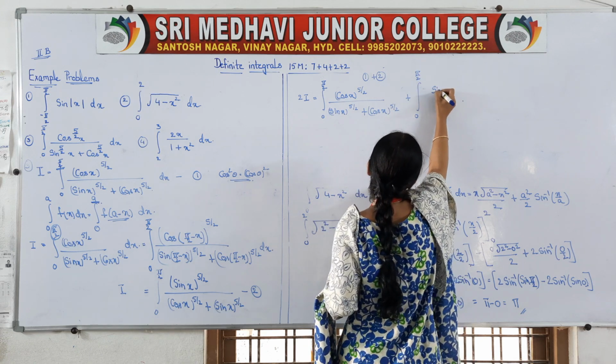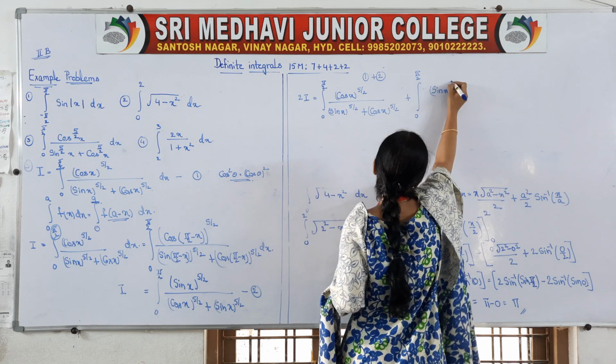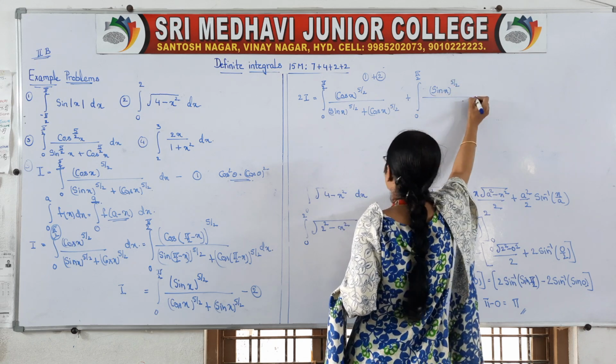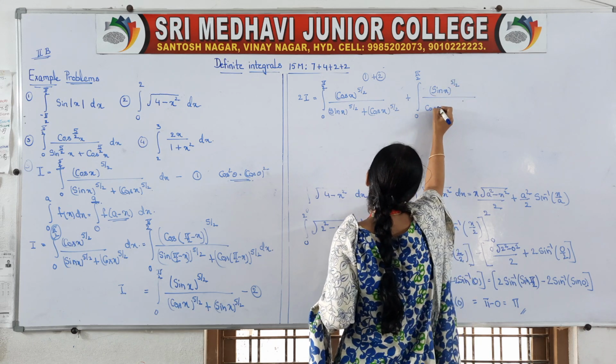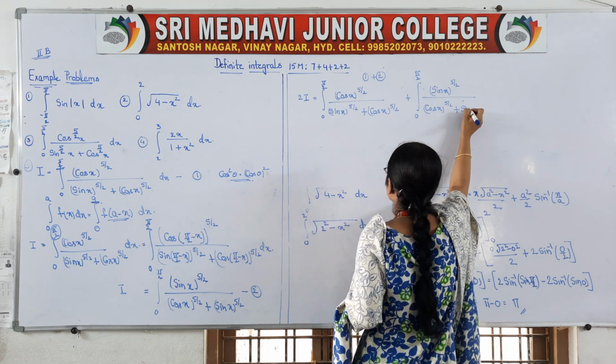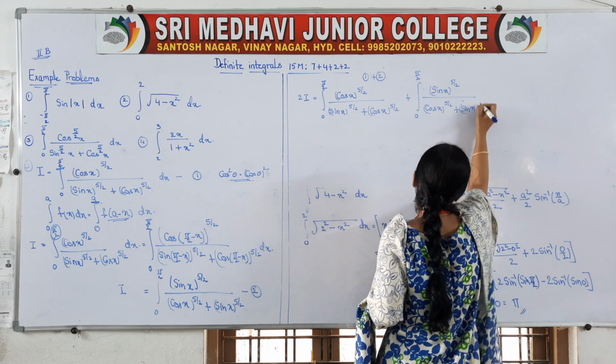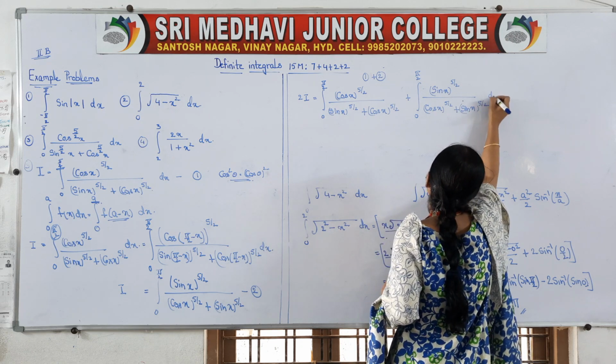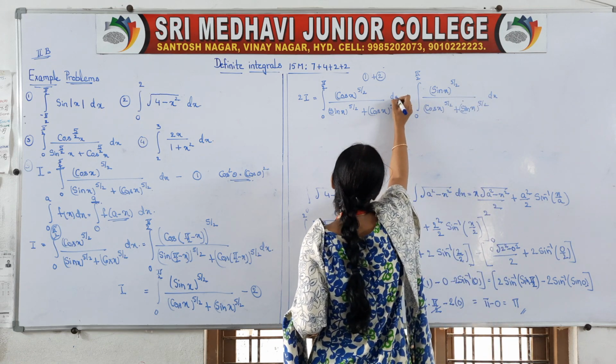Now sin x to the power of 5 by 2 by cos x to the power of 5 by 2 plus sin x to the power of 5 by 2 dx. Here also dx, here also dx.